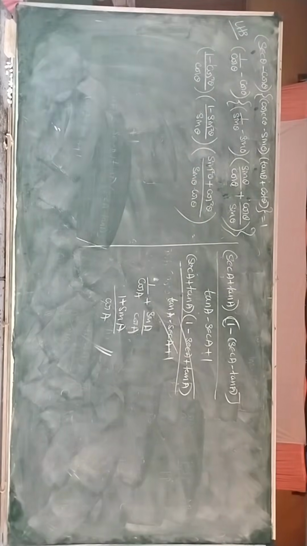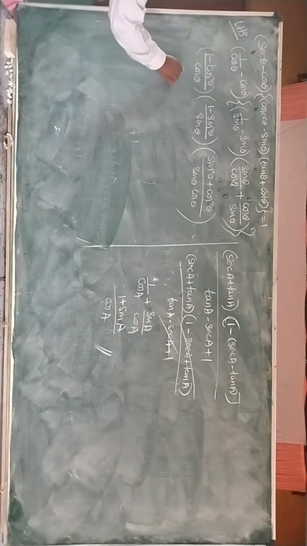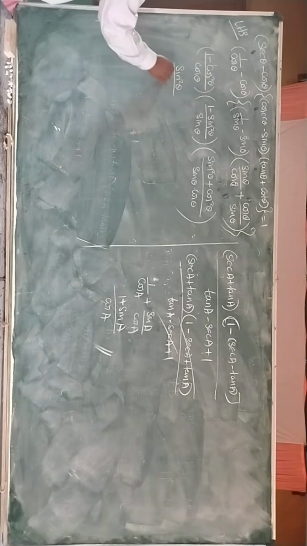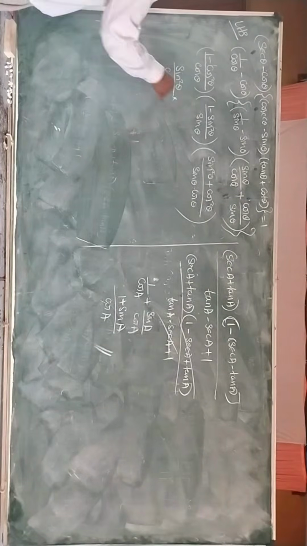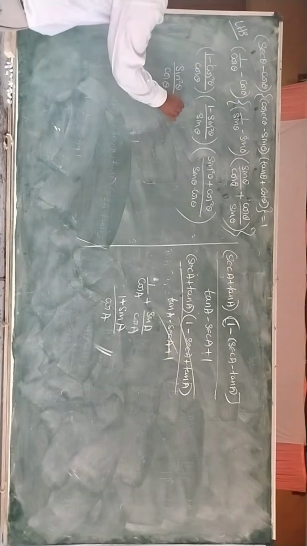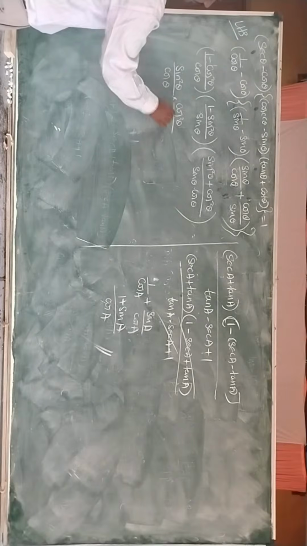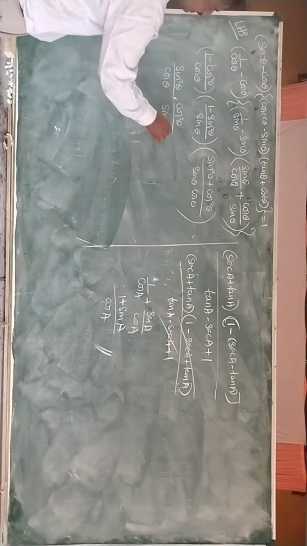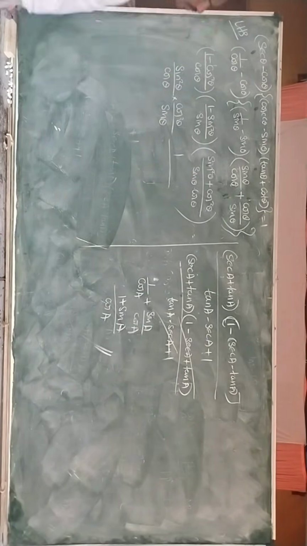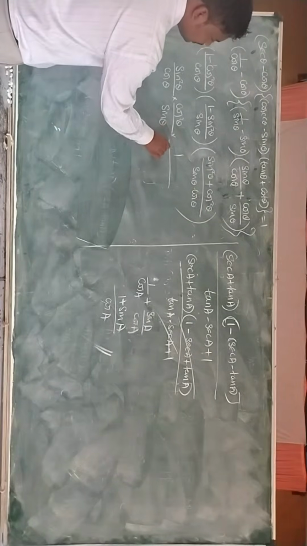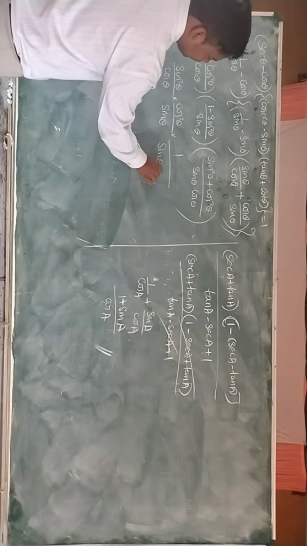So now 1 minus cos square theta is sin square theta divided by cos theta, into 1 minus sin square theta is cos square theta divided by sin theta. Sin square theta plus cos square theta is 1, again into sin theta into cos theta.